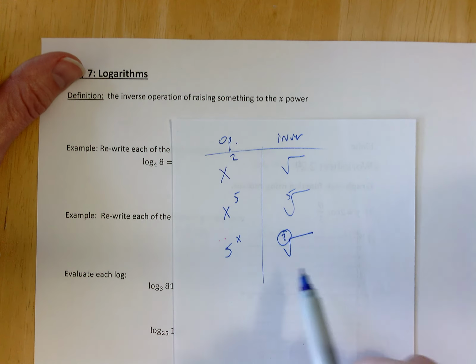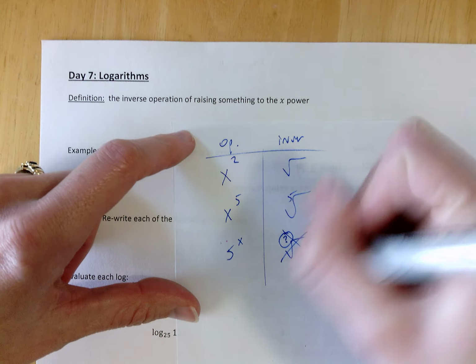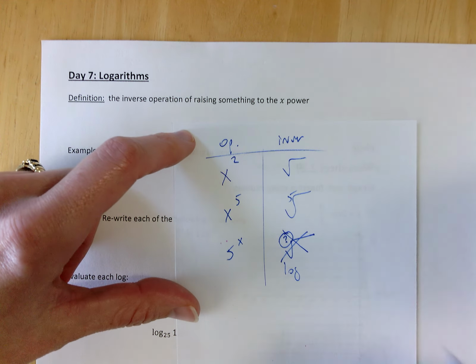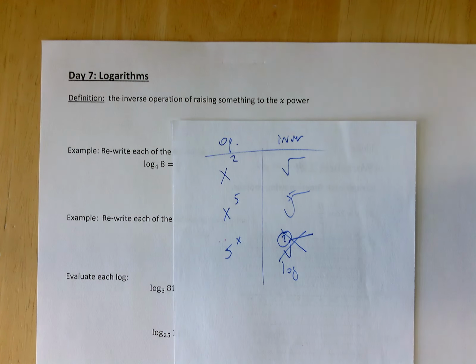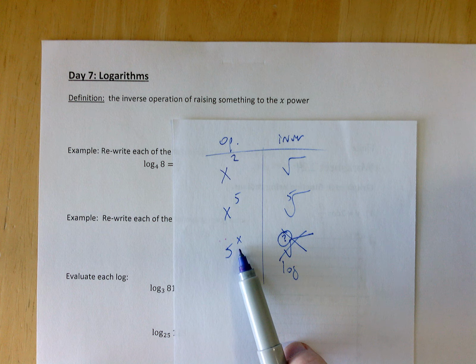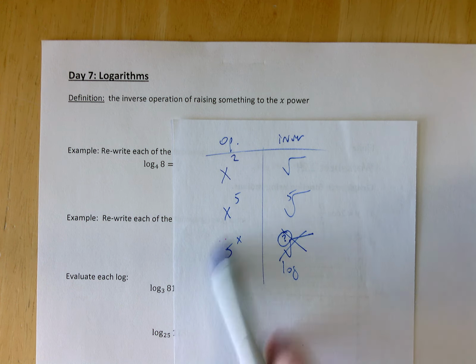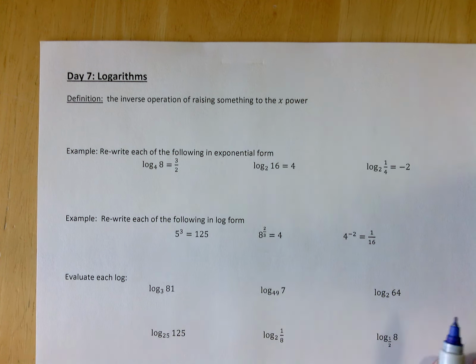So this is where a logarithm comes into play. We abbreviate it log most commonly, but that's what it is. So a logarithm is an inverse operation of raising something to the unknown power. So you would take the log of this to get back to whatever x is. Okay, so that's kind of what we are talking about.